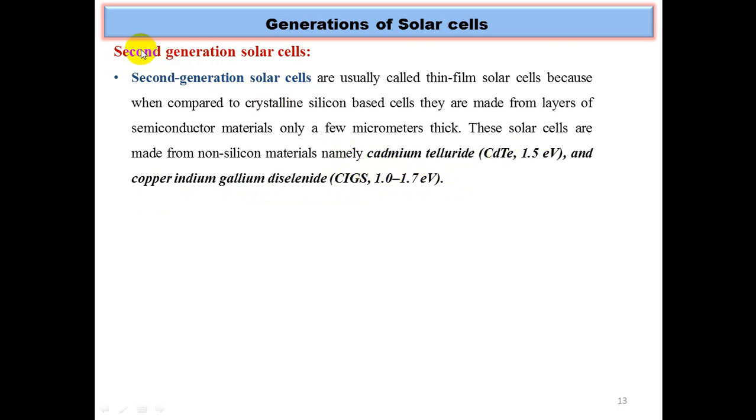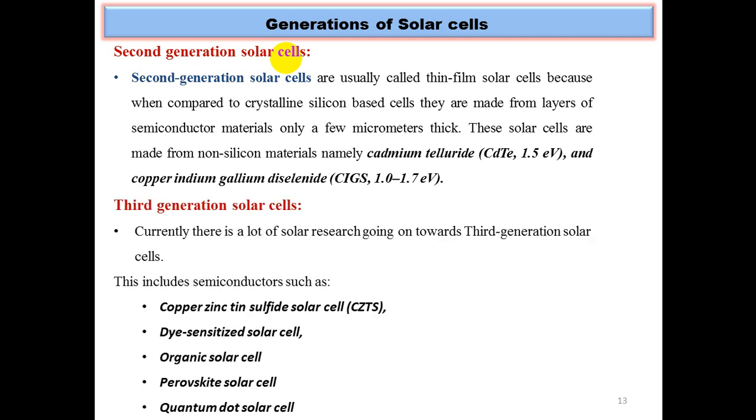This technology based on second generation solar cells aims towards the fabrication of solar cells which are an alternative to commercially available silicon based solar cells. The third generation solar cell is again an alternative to silicon based solar cells and also non-silicon based, which uses semiconductors such as copper zinc tin sulfide, which is CZTS, dye-sensitized solar cells, organic solar cells, perovskite solar cells and also quantum dot solar cells.